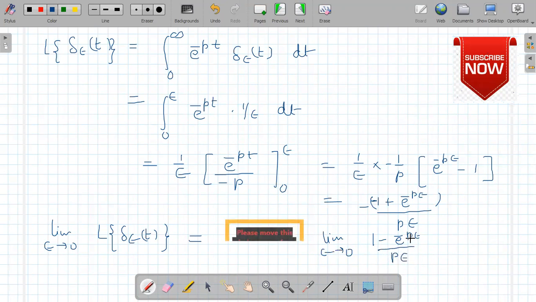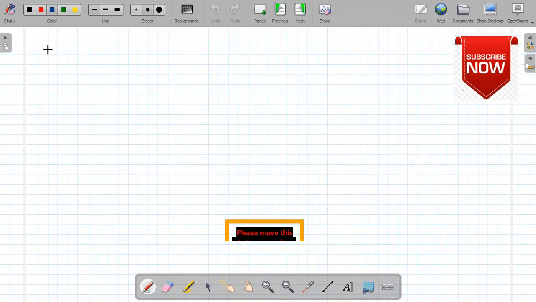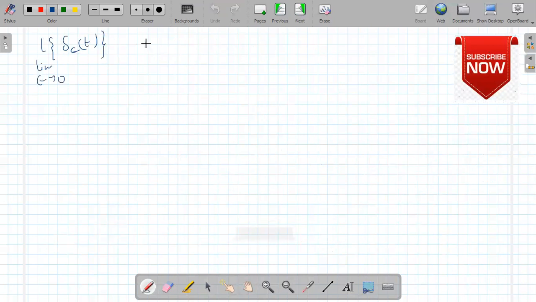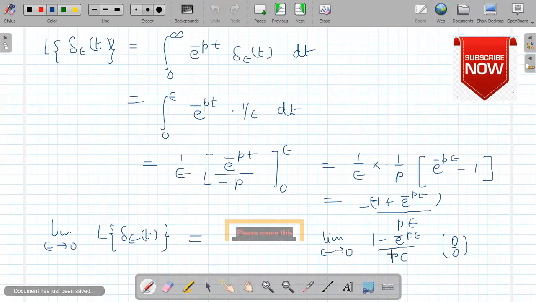When epsilon approaches 0, this is a 0 by 0 form, which is an indeterminate form. So by L'Hopital's rule, we differentiate the numerator and denominator with respect to epsilon.